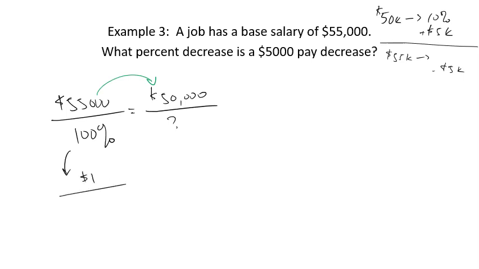So $1 now is going to be 0.01818 repeating. I got this by dividing by 55,000. And now I'm going to multiply this out by 50,000. And when I do that, I get 90.9090 repeating percent. So effectively about 91%.